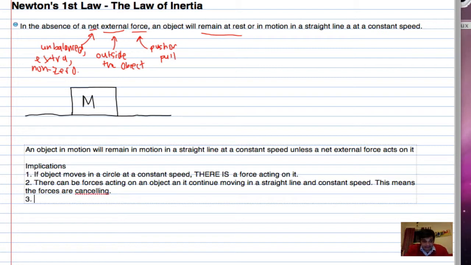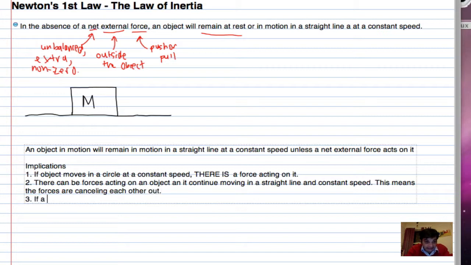Other implications. This is a deep statement, so you may need to stop the video and read that over until you can make some sense of it. And if you don't, then this is something we need to discuss in class, and somebody needs to take the initiative to ask that question. So this means the forces are canceling each other out.